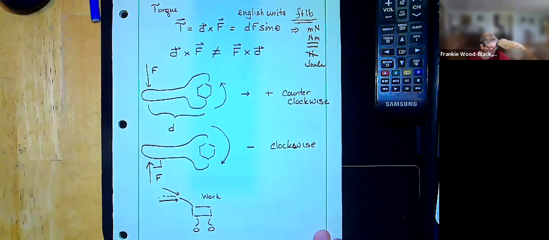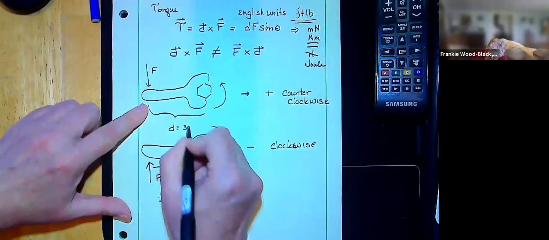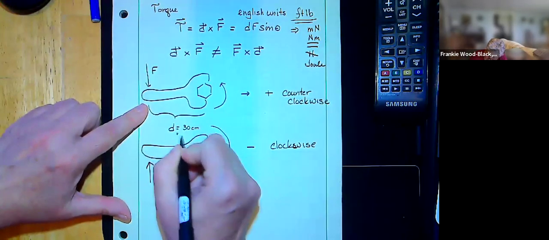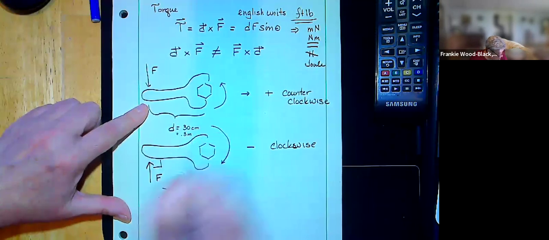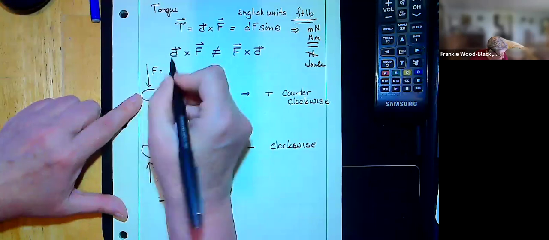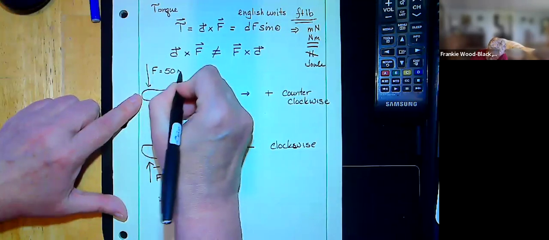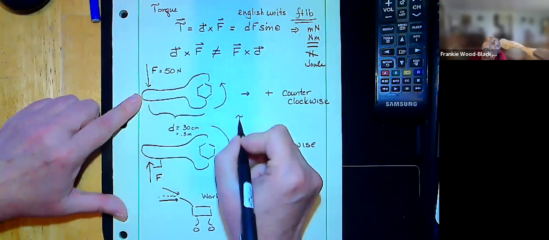So let's go ahead and calculate a torque. So we're going to use this distance as 30 centimeters. So this is going to be 0.3 meters. All right. And we're going to apply a force of 50 newtons. And we want to calculate the torque.